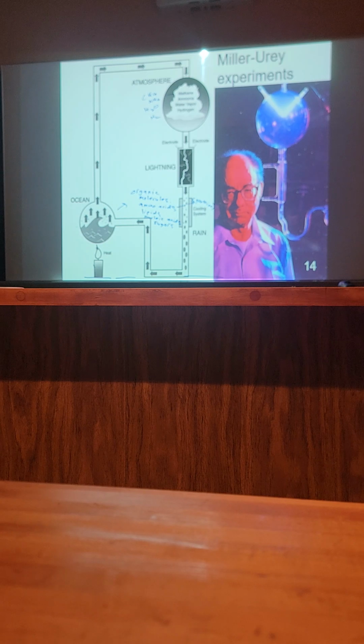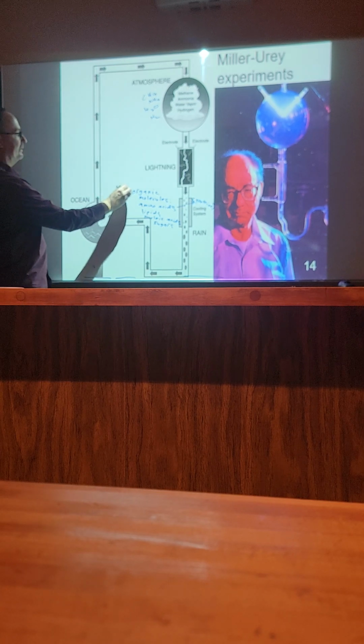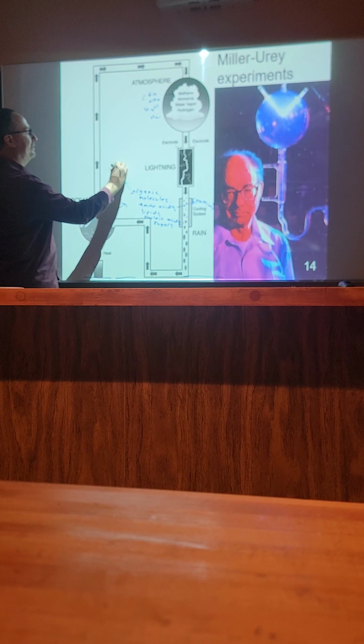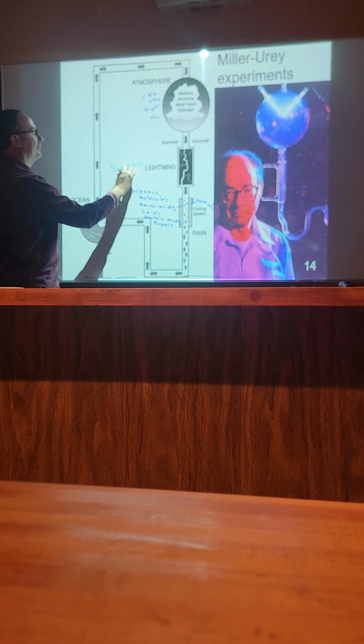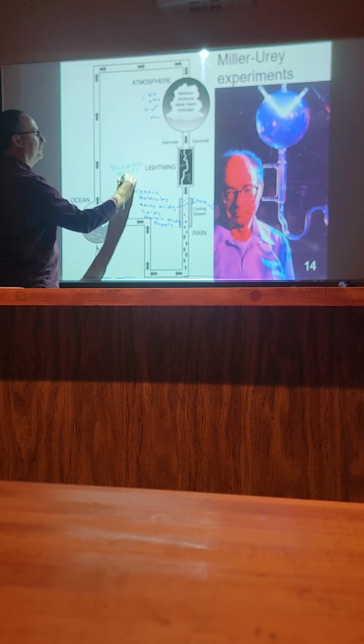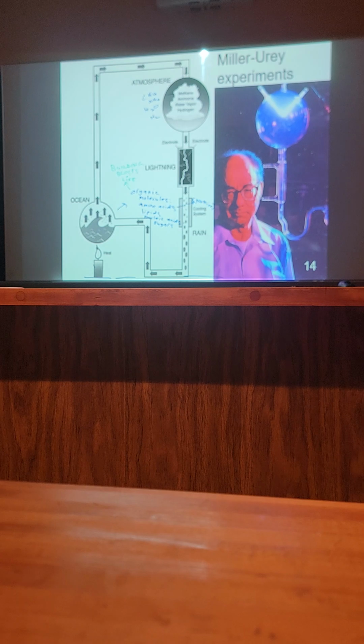The point of this is that in the early Earth ocean, their conclusion is that you would get organic molecules continuing to form. And that's important because they're the building blocks of life. And that's step one of the origin of life.